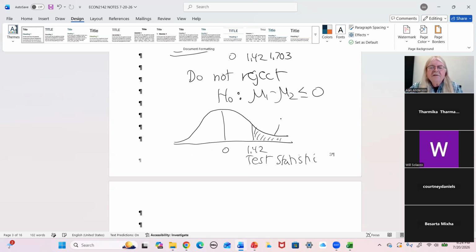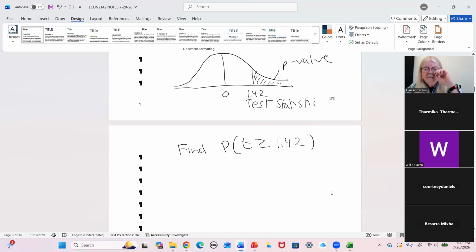This whole area is the p-value. To find this, we need to calculate the probability that t is greater than or equal to 1.42. And how do we do that? We use second vars. Number 6 is TCDF.